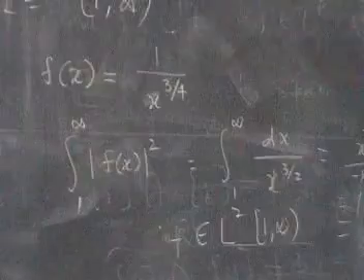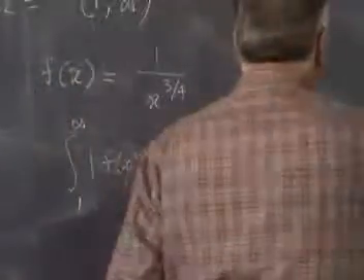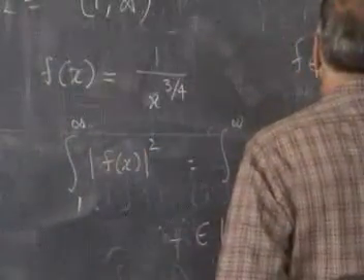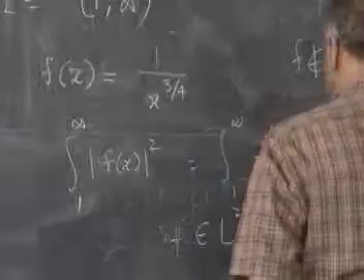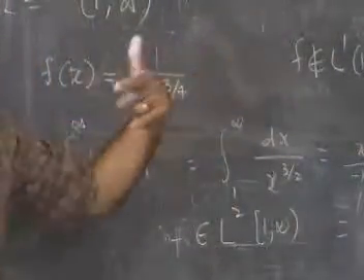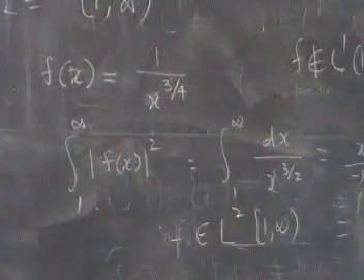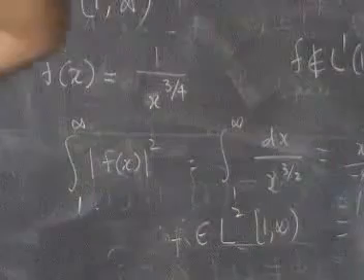It becomes infinity because I have an x to the power of 1 by 4. So f does not belong here. So what we have is q, but not p. For p less than q we don't have it. So in infinite measure spaces, belonging to a higher L^p does not mean it belongs to all the lower L^p.